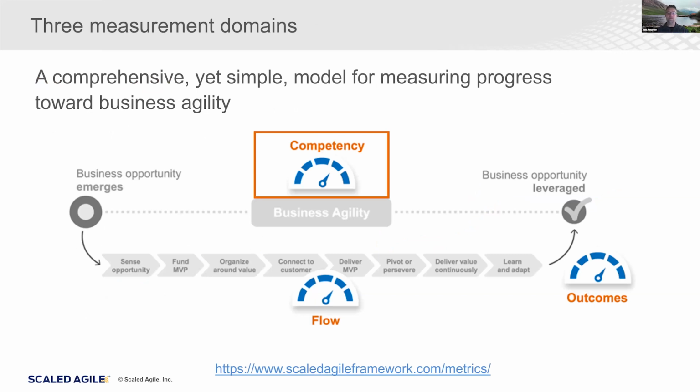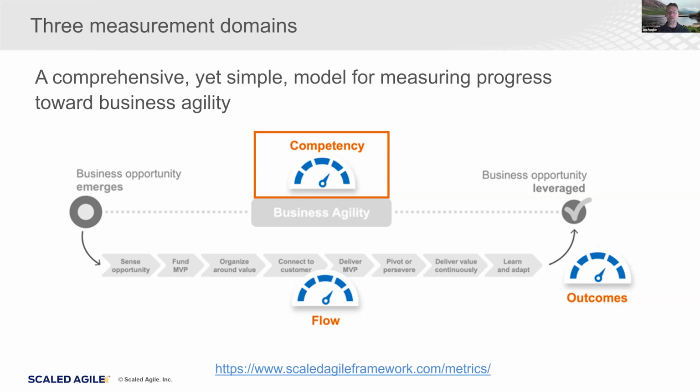So how do we go about doing that? Well, in SAFe, we have what we call our three measurement domains. This is really our model for how we go about measuring and growing within our organization. It's comprised of three different domains. We have competencies, which is all about our proficiency in the organization to actually implement Lean-Agile practices, and how they enable our business agility.